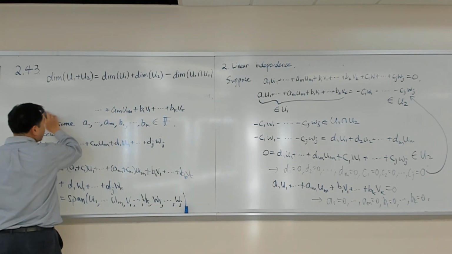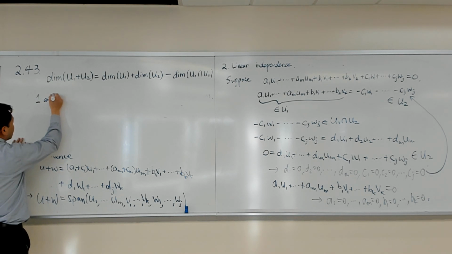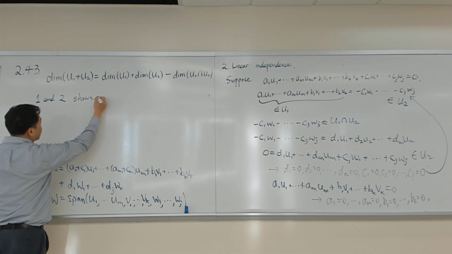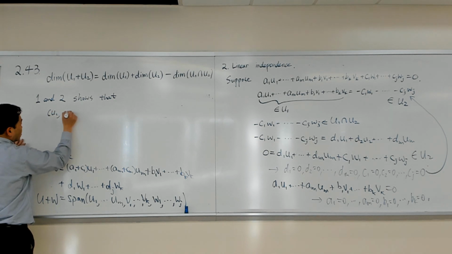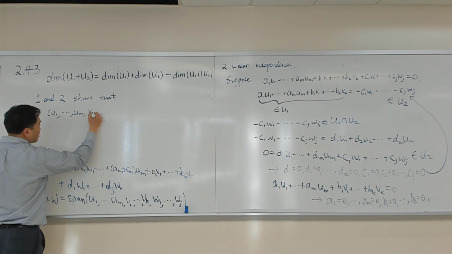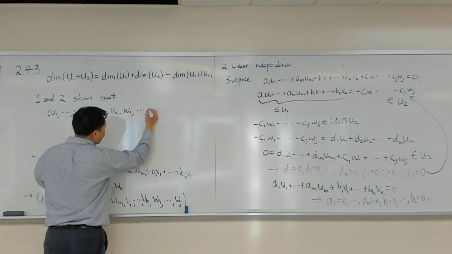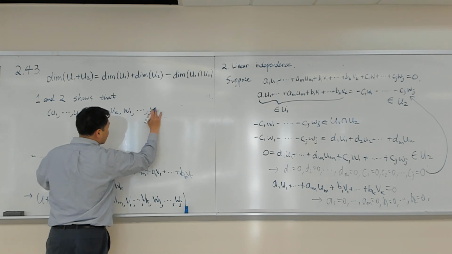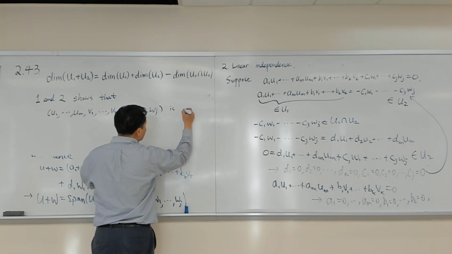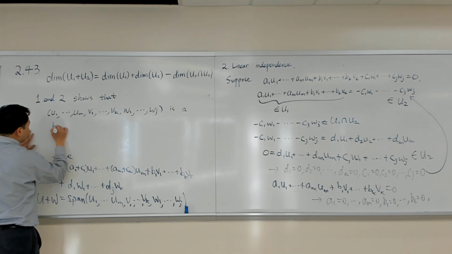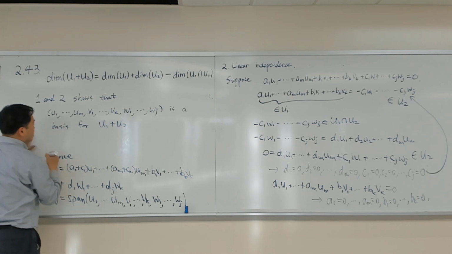So the proof is complete. 1 and 2 show that u1 through um, v1 through vk, w1 through wj is a basis for u1 plus u2, and the proof is complete.